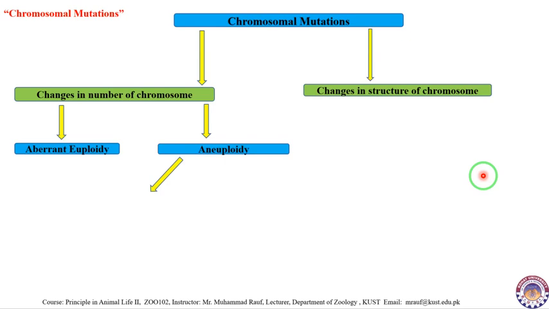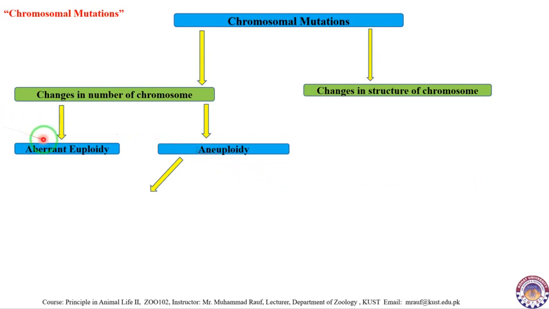Aberrant aneuploidy means when one or two or three chromosomes are either missing or they are more than the normal.